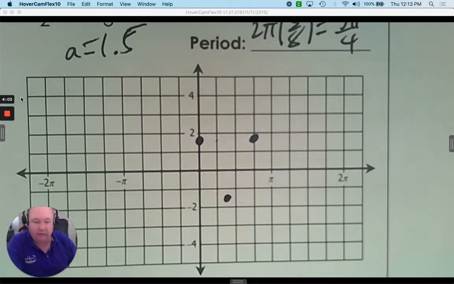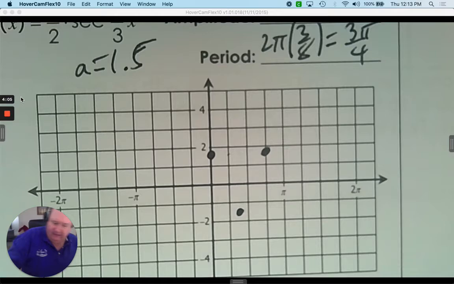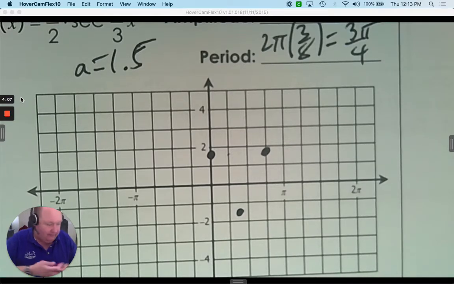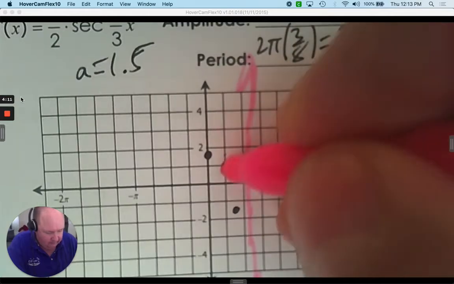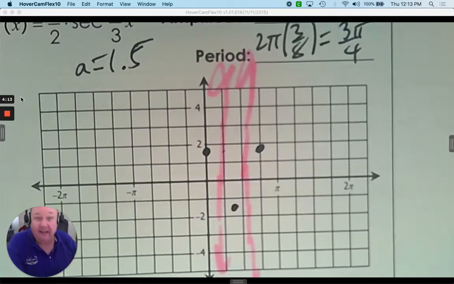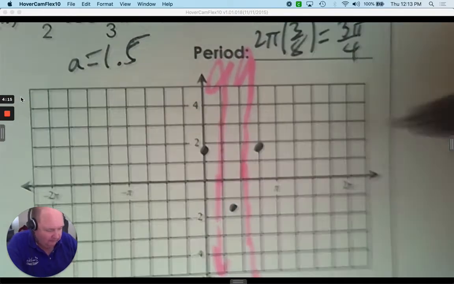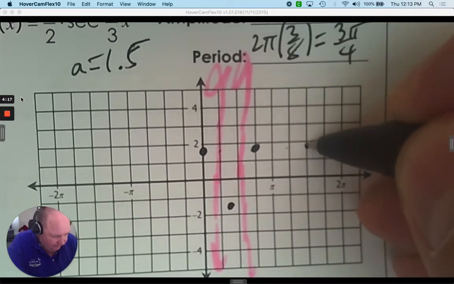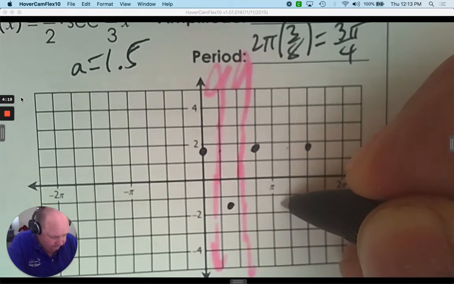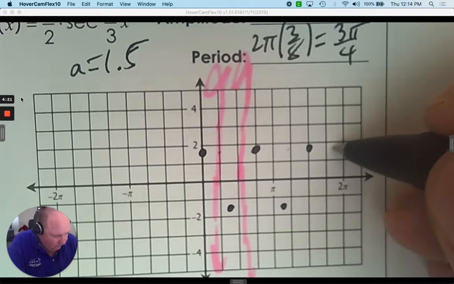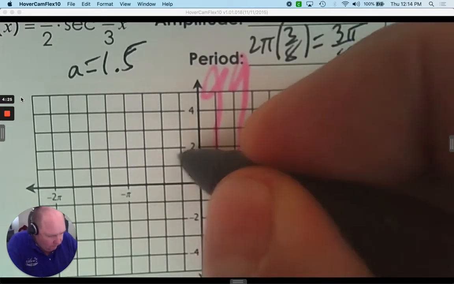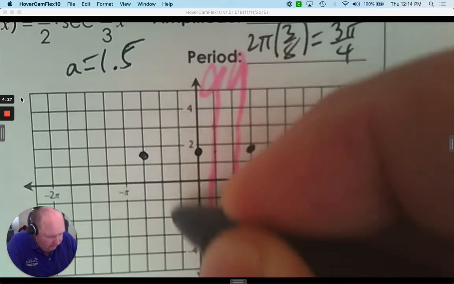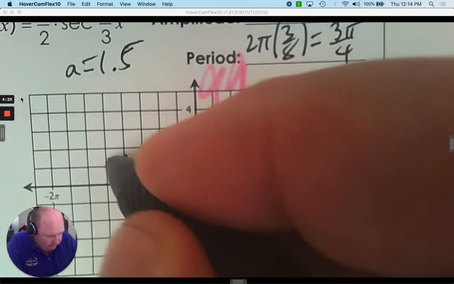And then in the middle of those, did I lose my, there it is. I thought I lost it again. Asymptote. Can't blame my kids if I lose it again. And that is the pattern we're going to follow. So 1, 2, 3 in the middle. 1, 2, 3, and then in the middle. So just follow that pattern.